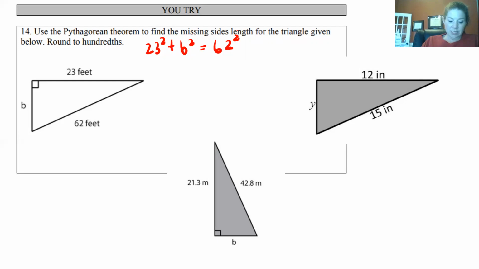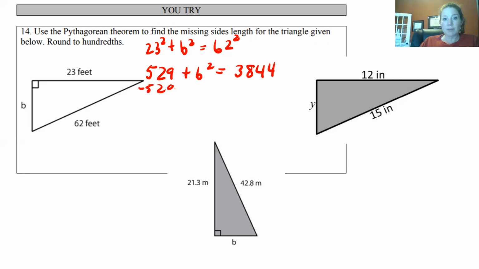All right, 23 squared is 529, and 62 squared is 3844. We want to have B by itself, so we're going to subtract 529 from both sides.